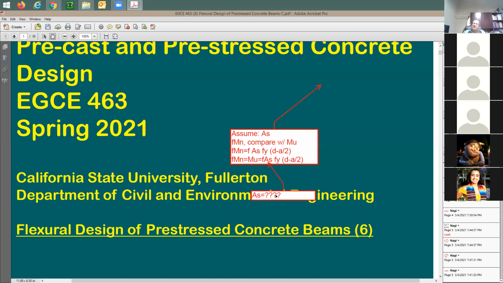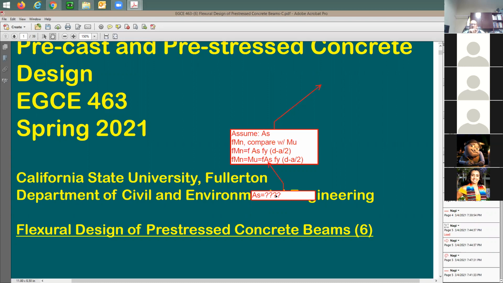Now in pre-stress, very similar to this concept, I'm going to say, let me solve here for the minimum S bottom and S top required. Go to the table, pick the beam section, like in this case, that was a single T, the 10ST48, right?